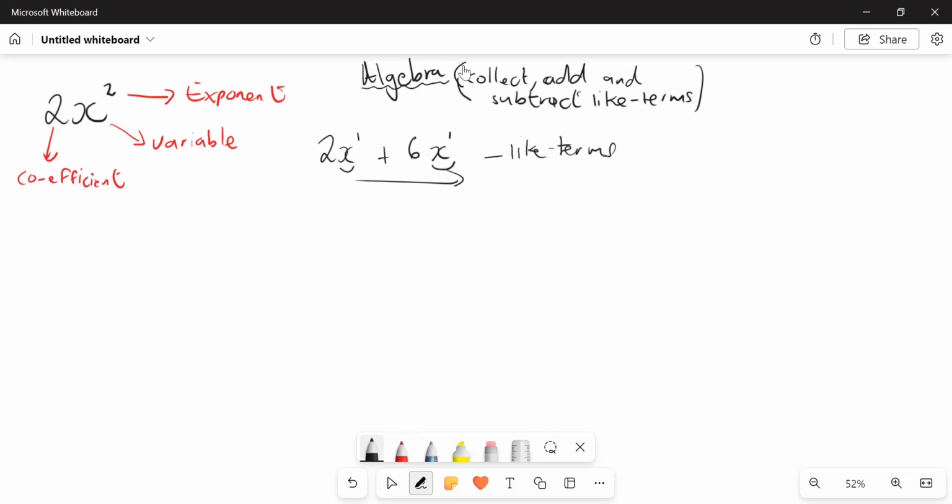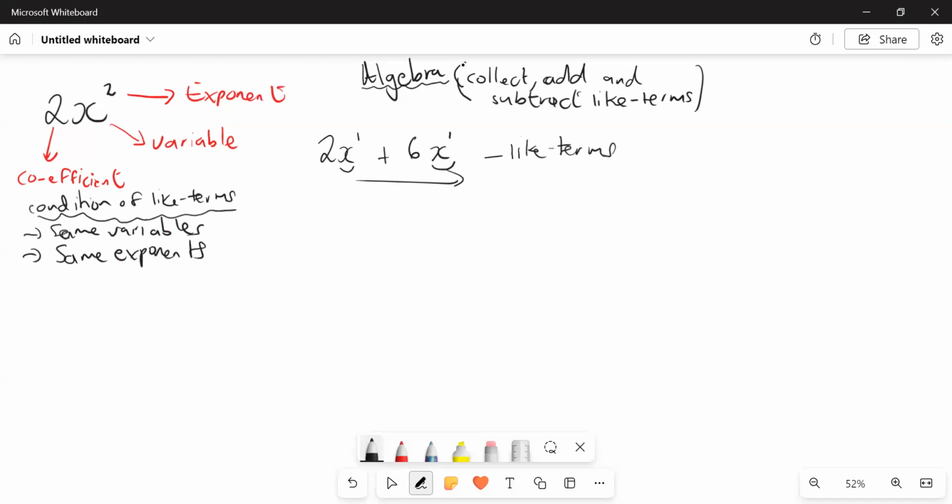So the conditions of like terms: number 1, same variable. So we need to have same variables. Number 2, same exponents. I hope you all are following.